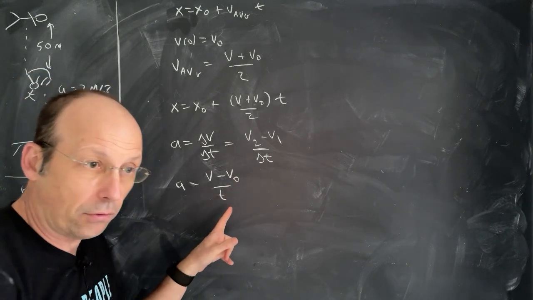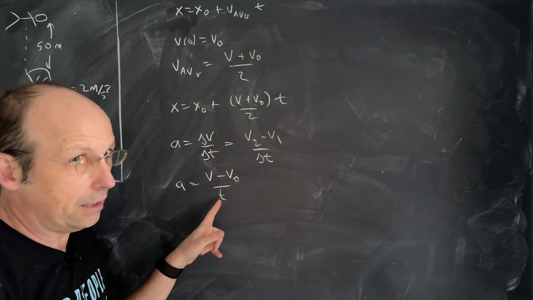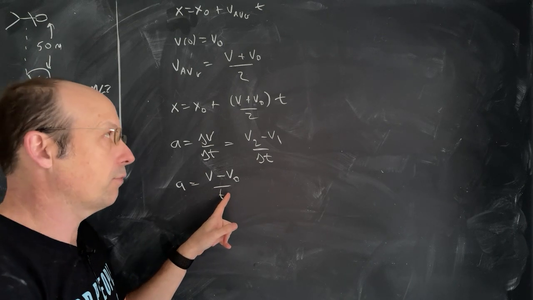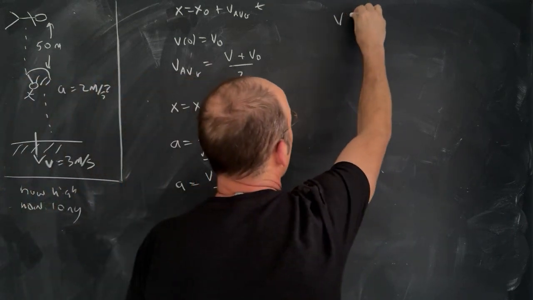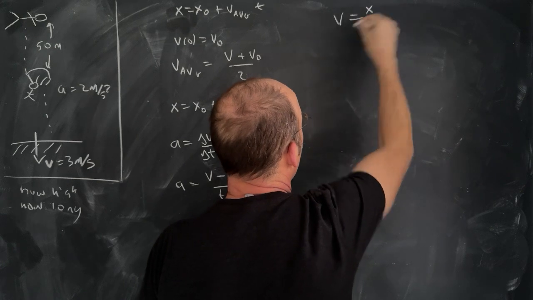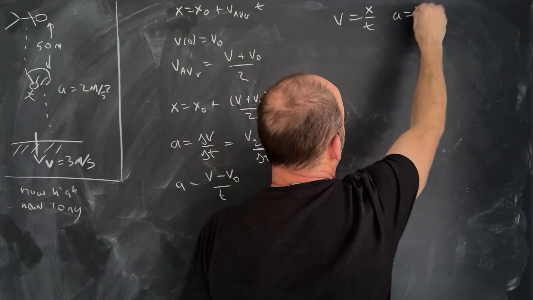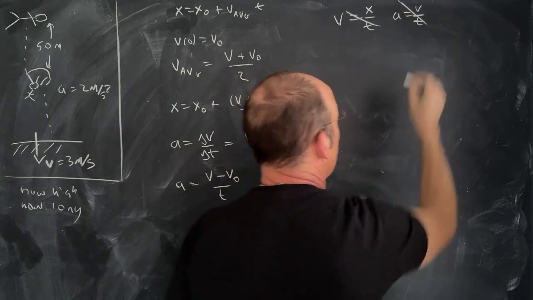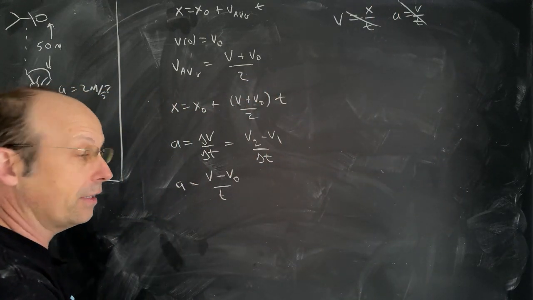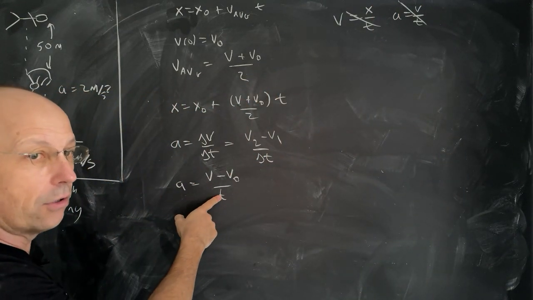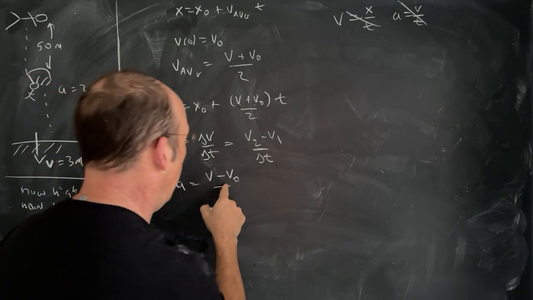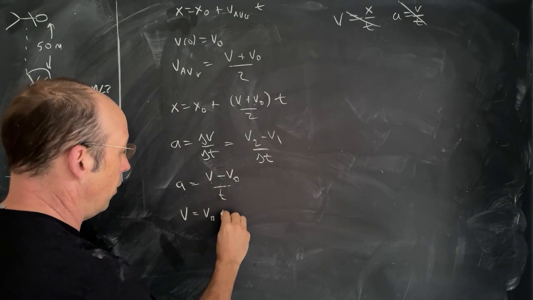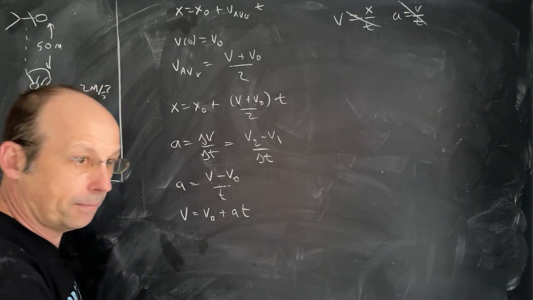Be careful: that is a delta t, it's just that one of the times is 0. If you write v is x over t, or a is v over t, you might not be wrong, but you're doing something that's bad, so don't do that. It looks dangerous here, but it's not. If I solve this for v, I get v equals v0 plus at.